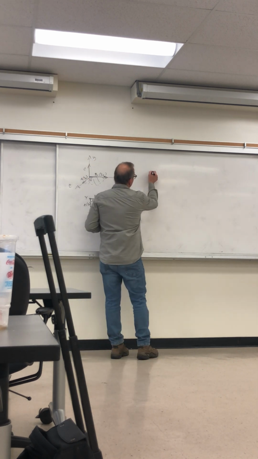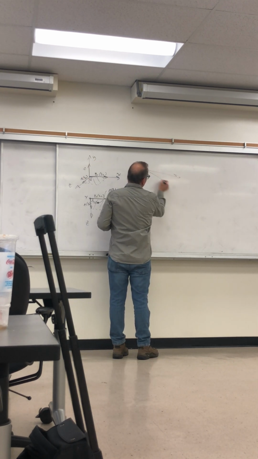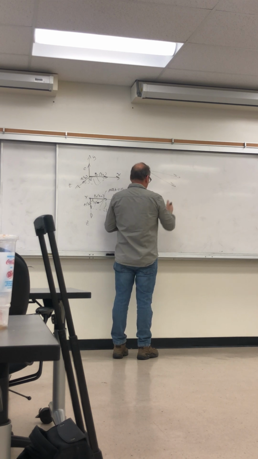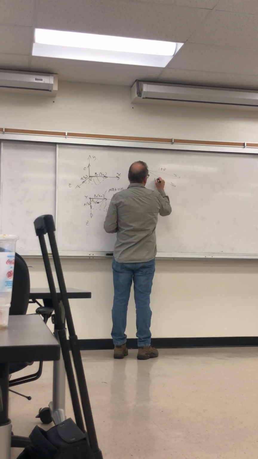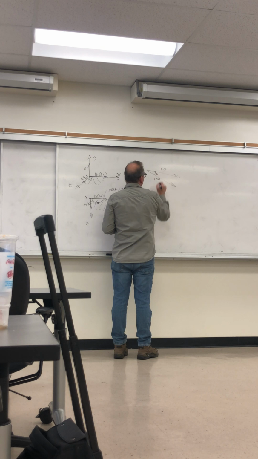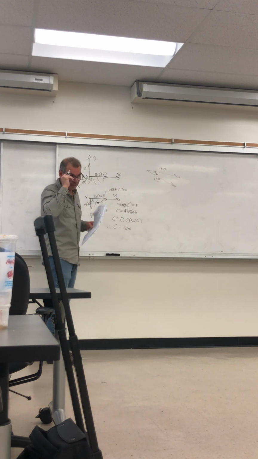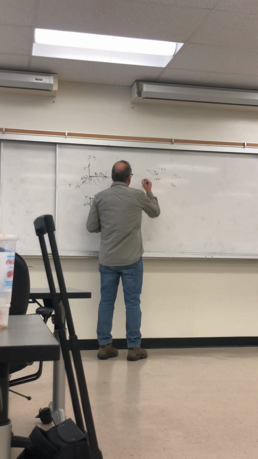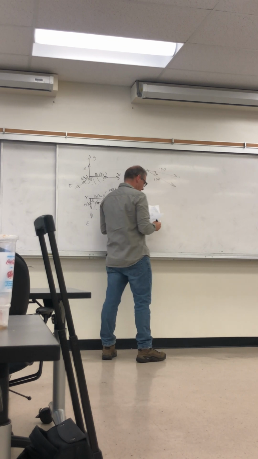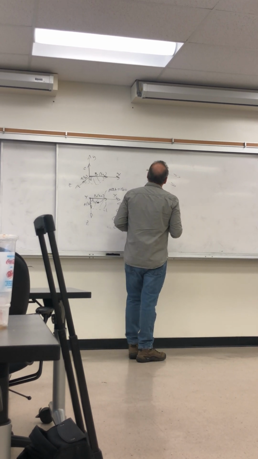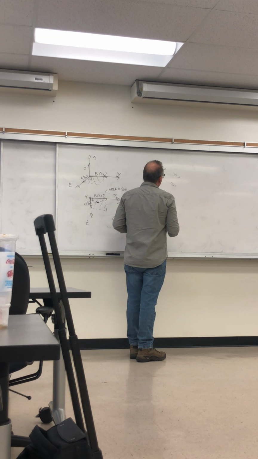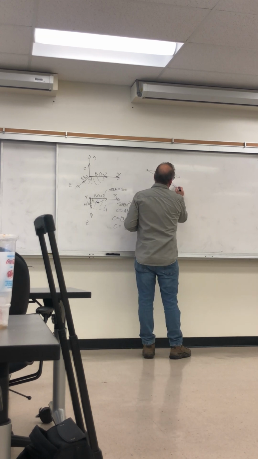Let's say you have a vector like this, another vector like this. This is 100, and this is 100, and you have an angle theta between them. You can see this time it is not 90 degrees. And the area that's formed, you take this vector, put it here, like that.